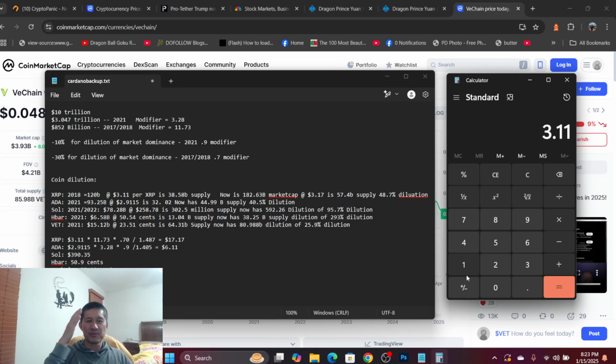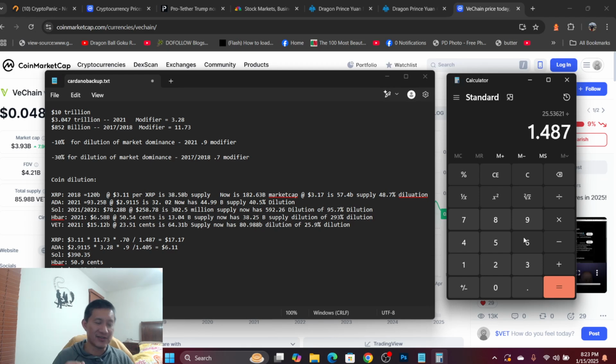But anyways, based on the CoinMarketCap data, $3.11 times the 11.73 modifier for market, times 0.7 for the overall market dilution, and then you have to divide it by 1.487, because there's actually 48.7% more XRP in the supply than there was back then, back in 2018.